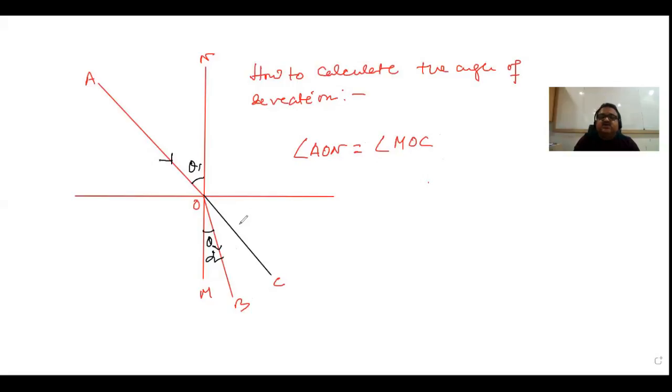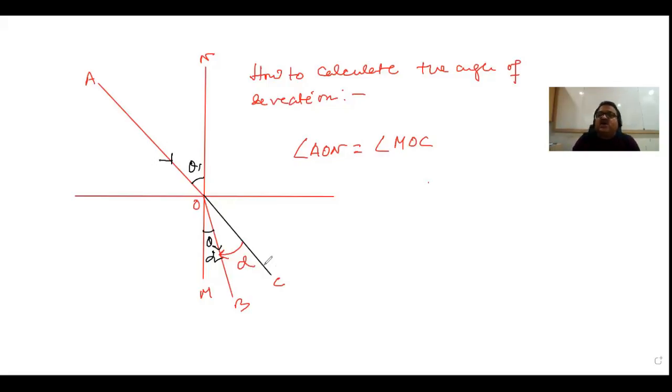So look, this is the deviation. Let me draw it like this. This is the deviation. The black line shows the actual path, and following the red line, this is the new path. So this is what we call deviation, and let me denote this by D.